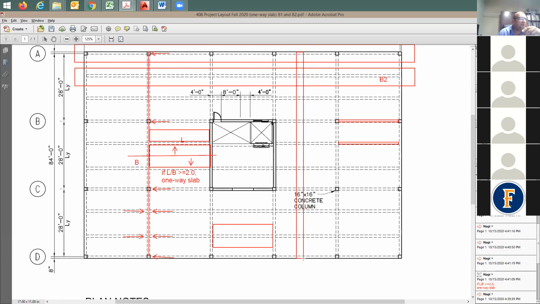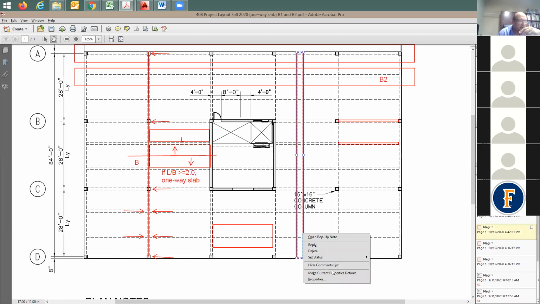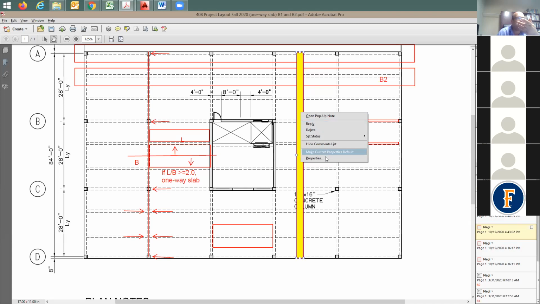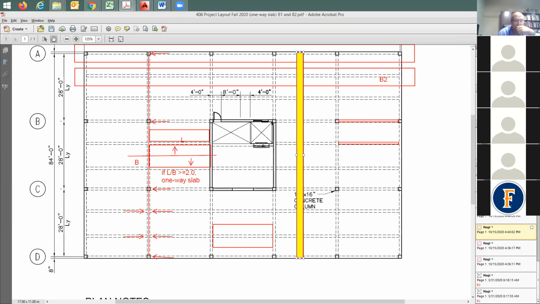Only a 1 foot strip. So how much is this width? Why did they consider only a foot? Why didn't they say 5 feet or 6 feet? Any idea?